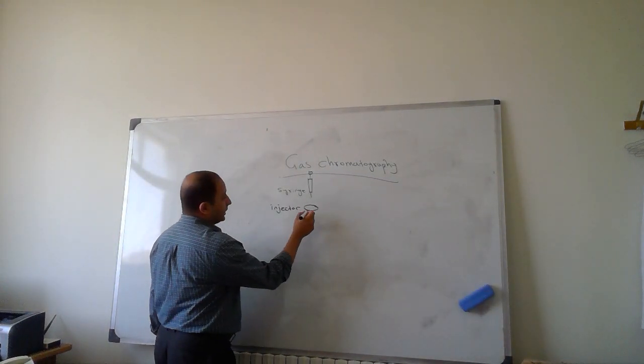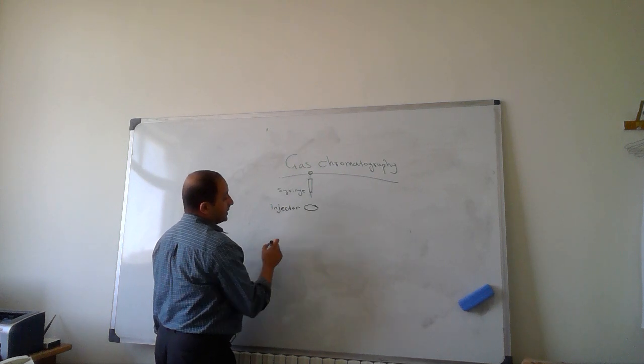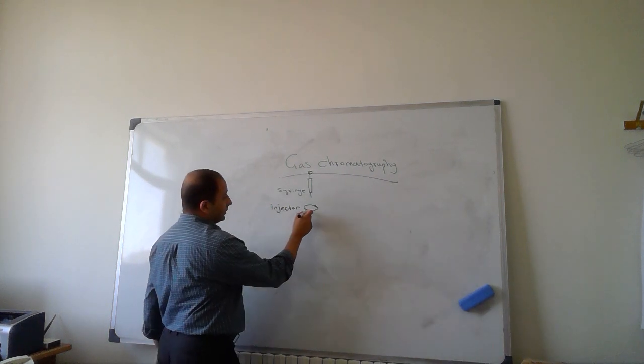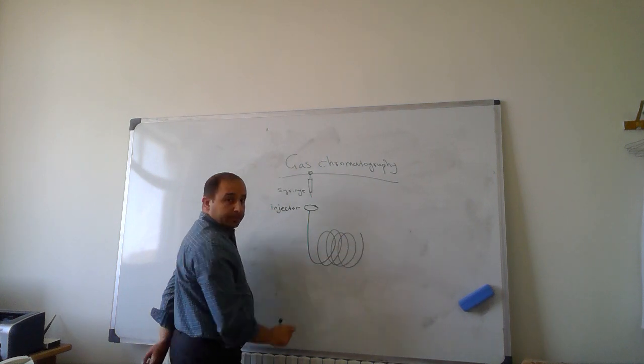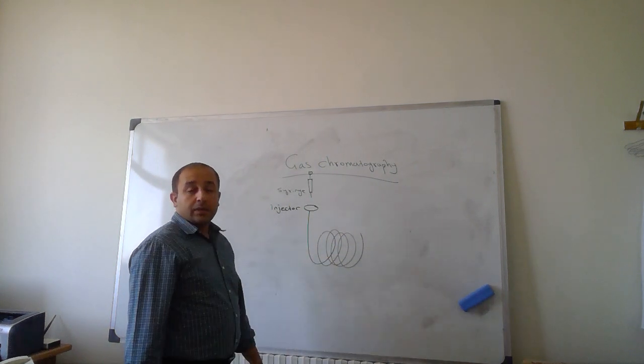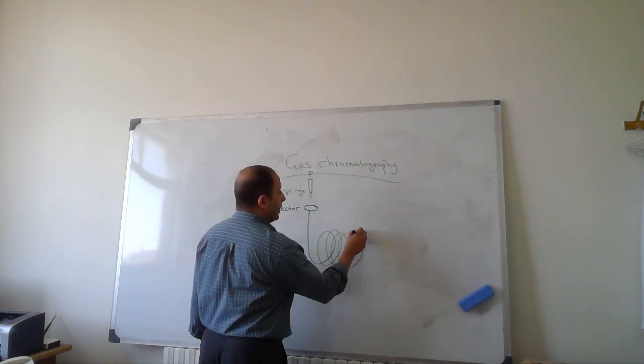Then we have the injector, and the injector is a heated injector. And then we have the capillary column, which contains the stationary phase. Then we have the detector.